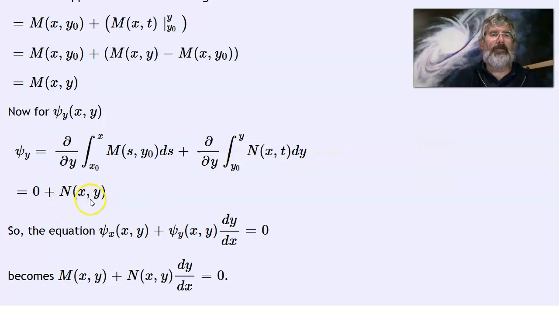So the partial with respect to y is just N. So this equation, which we got from implicitly differentiating the equation psi of x, y equals a constant, gives us psi_x equals M and psi_y equals N. And so we end up with the equation that we started with. So psi is, in fact, a solution to this differential equation right here. Wow, that was fun.